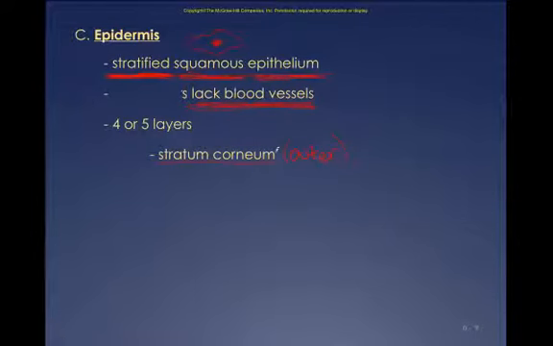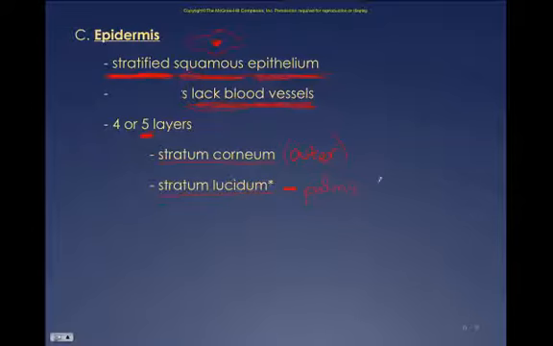And then this second layer just below it is called the stratum lucidum. And this is the layer that, if in certain areas you have 5 layers, this is that layer. So you'll only actually find the stratum lucidum in areas where you have really thick skin. So especially in the palms of your hands, okay?